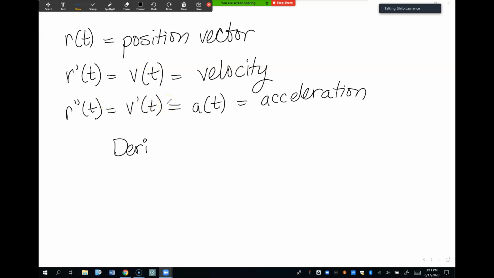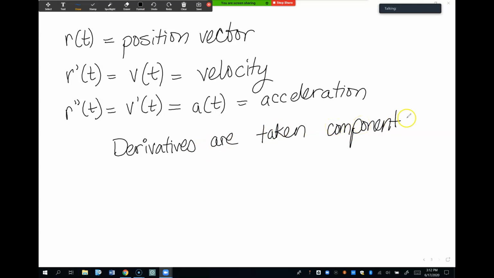The only difference is we have to do the derivative for each piece. So derivatives are taken component-wise. So if r of t is equal to x of t, no, we used f, g, and h earlier. Just want to stick with the same letters.